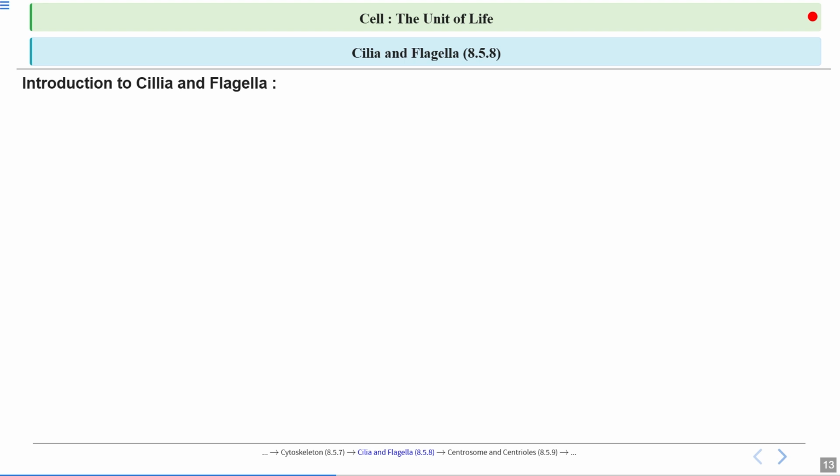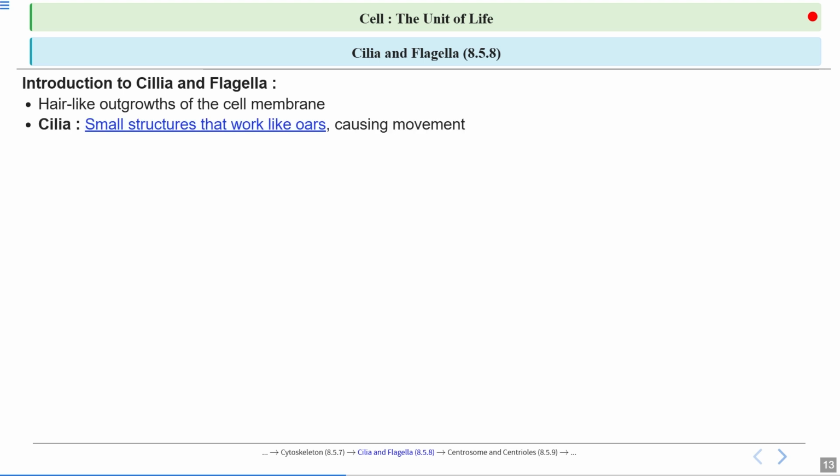Okay, now let's talk about the cilia and the flagella. So what are these actually? Cilia and flagella are hair-like outgrowths of the cell membrane, also known as the plasma membrane. What is cilia? Cilia are small structures that work like oars, causing movement.